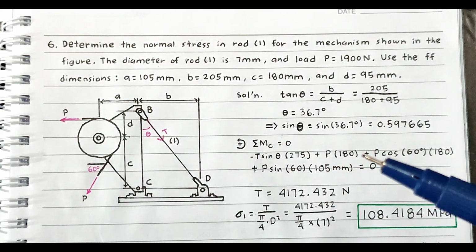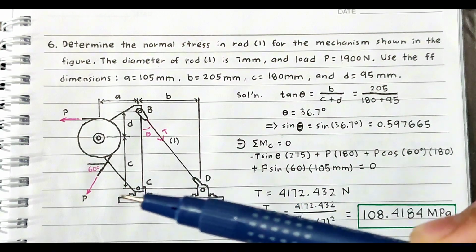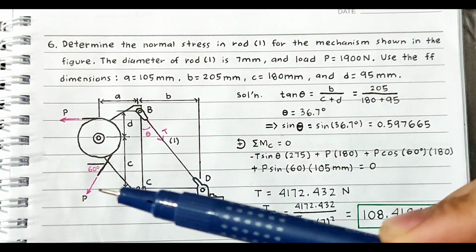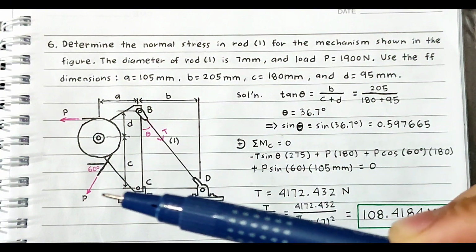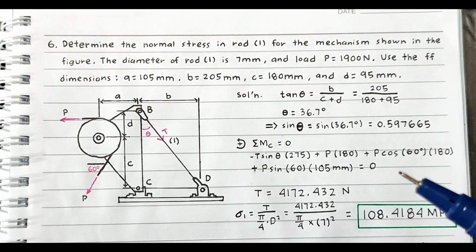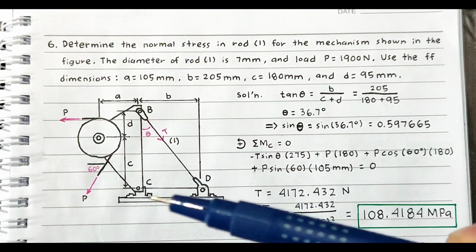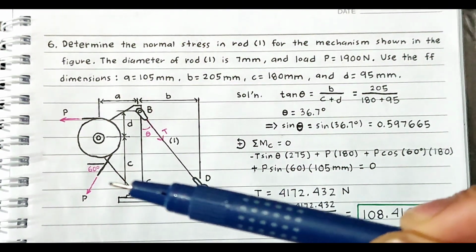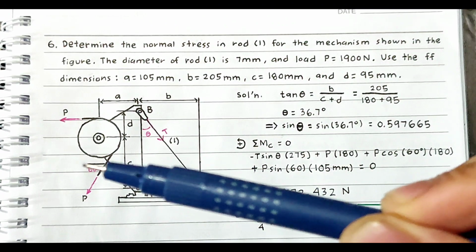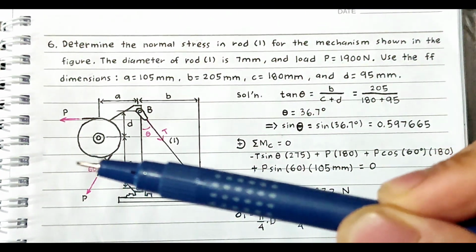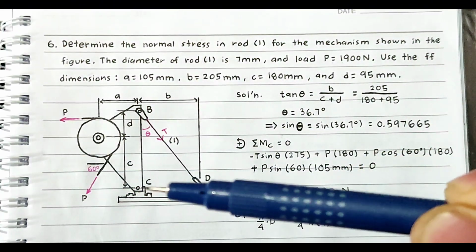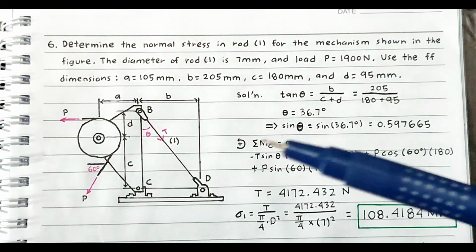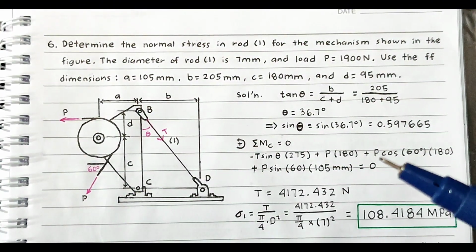Now for the next, P has an angle of 60 degrees over here, and cosine is the x direction of the force. Now this P, imagine it will be here, and then this will turn counterclockwise to get to C, so that is why it is positive.